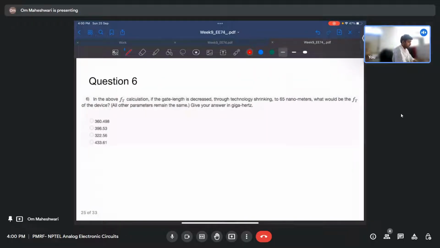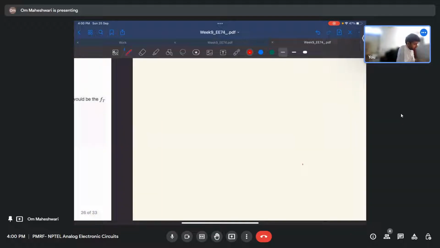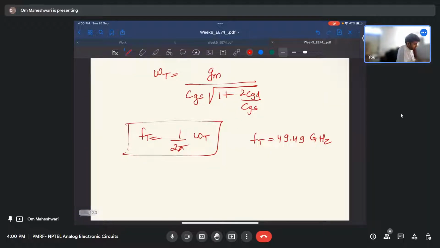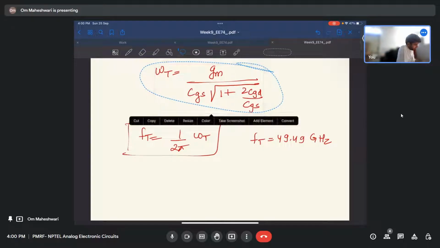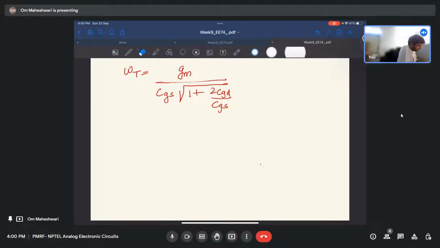So the next question is in the above calculation, if gate length is decreased, how will Ft change? Okay. So let us take it back. To simplify this, we know that CGS is approximately equal to Cox and CGD to COV.